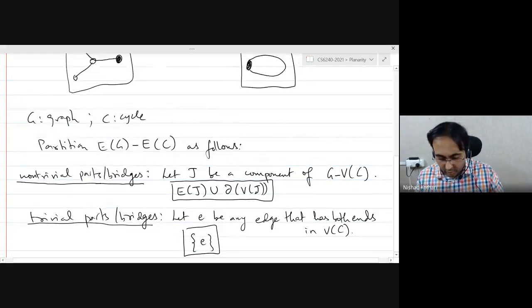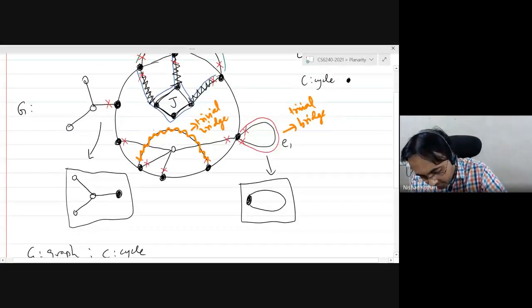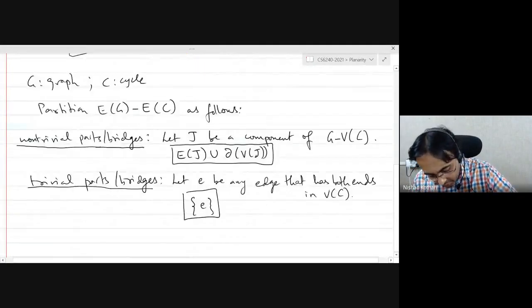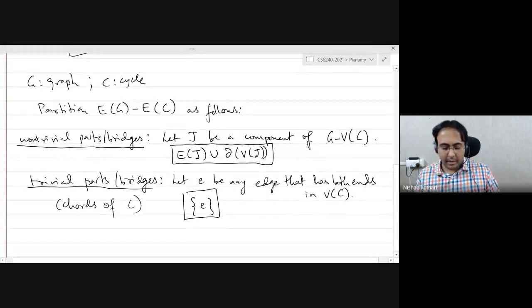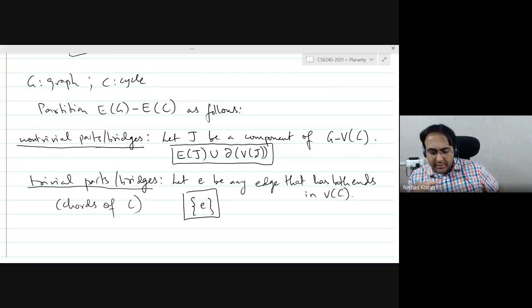Right? So examples of trivial bridges, as we noted earlier, are E1 and this chord of the cycle E2. You may also want to think of these as chords of the cycle C. Right? It's a term that many of you used on your assignment on induced cycles. Right? So good. And observe that this rigorous definition is exactly the same as the intuitive definition that I gave you using scissors and the strings and beads model. Okay?